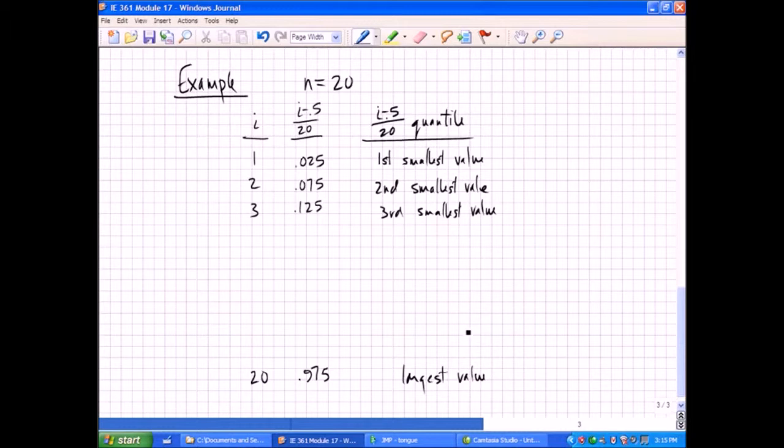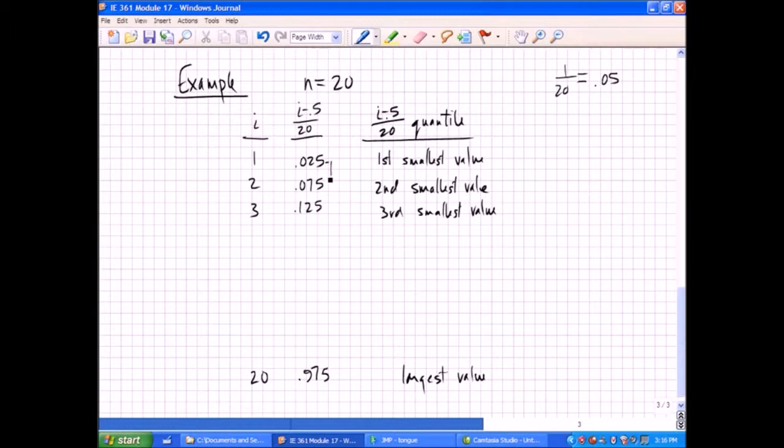And what I've just given you is an admittedly arbitrary but somewhat attractive convention that says, well, each data point is 1/20th of the data set. 1/20th is 0.05.